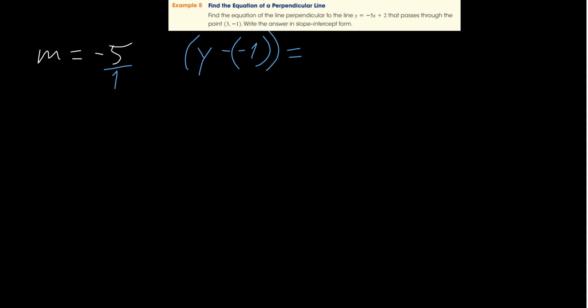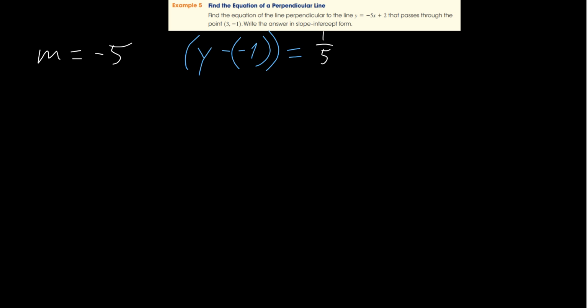So the perpendicular slope would be a positive 1/5. I will put that in white still, but just know that it is not the same because I'm looking for a perpendicular line. Okay, let's try this again.